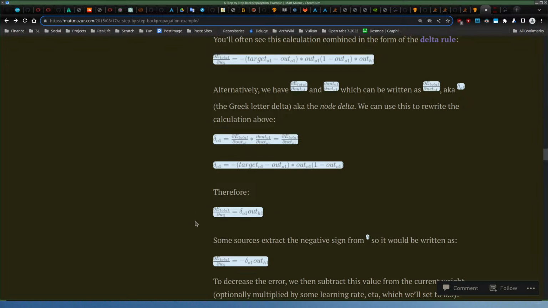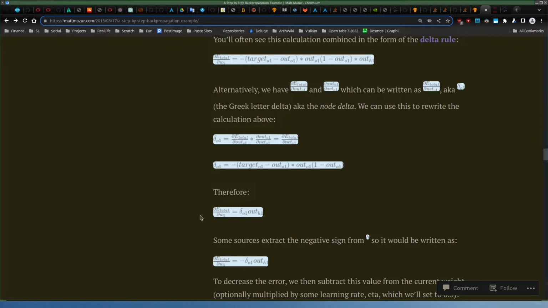Maybe this is the trick here. So they have here a delta O1, which you just multiply with out H1 to get the partial derivative of the error function with respect to the weight that is the multiplier of that input.